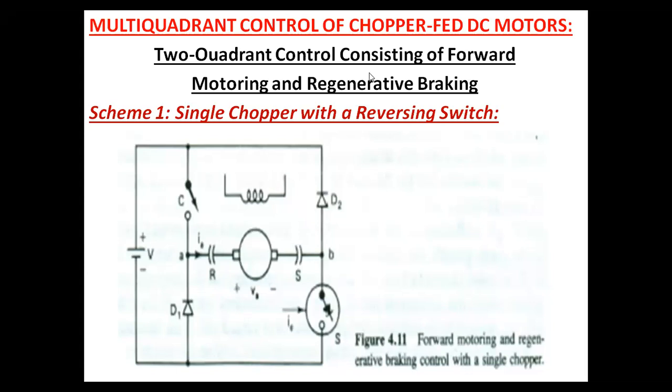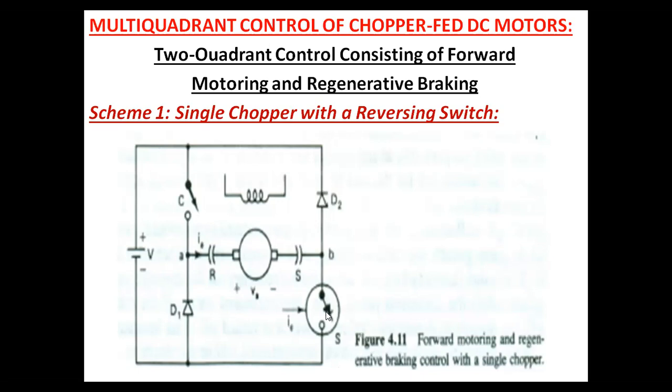Just after the switch over to regenerative braking, that means C is open and the armature terminals are reversed, due to residual magnetism the armature will have some induced voltage, with the right side terminal positive.